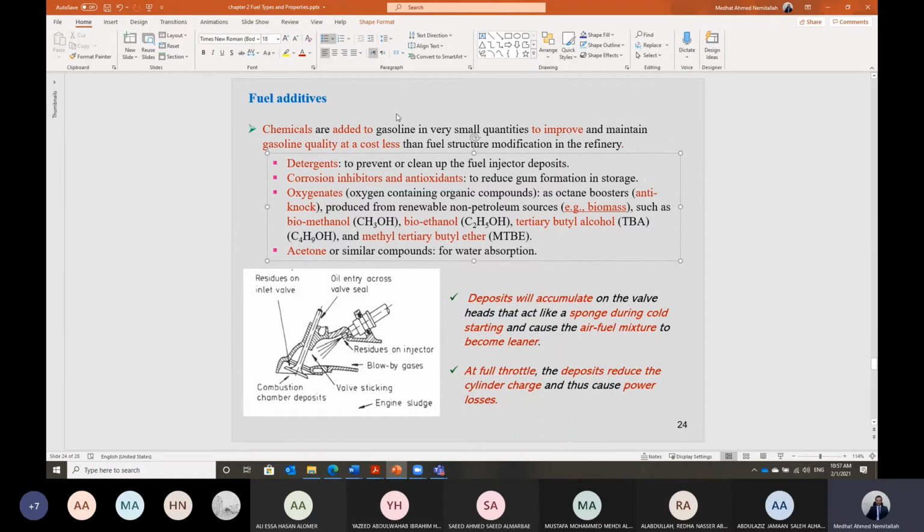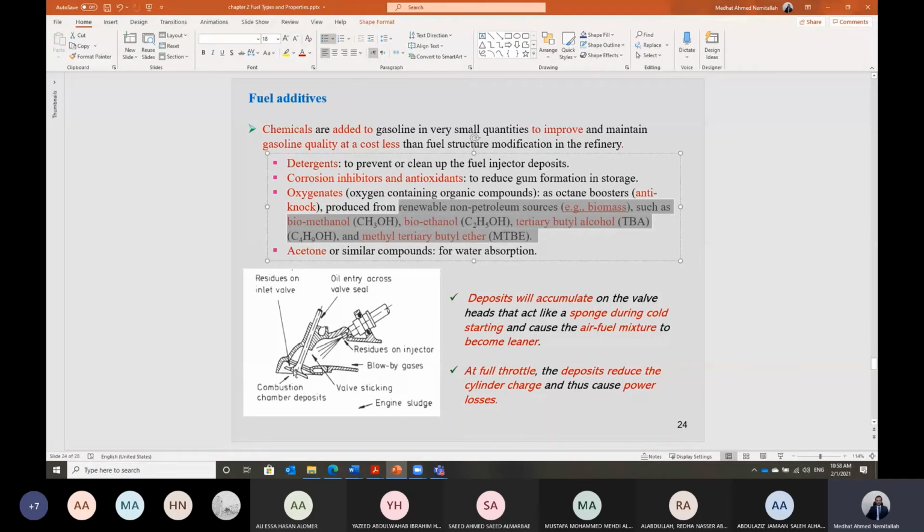And to improve the octane number of the fuel, we have to have some additives, like, as I said, biomethanol from biosources, or ethanol, or tertiary butyl alcohol, or methyl tertiary butyl alcohol. All of these are additives to improve the octane number of the fuel in order to resist self-ignition. Also, we add some fuel additive like detergent in order to clean up the fuel injector and the deposit.